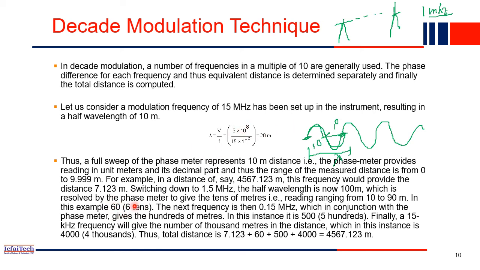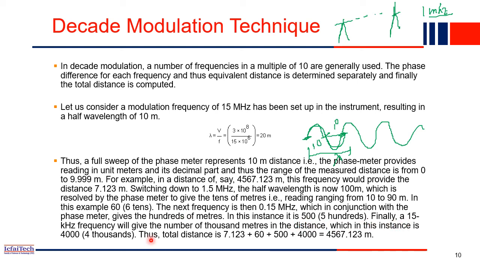Once you send 1.5 megahertz, you get the answer, 60 meter, the phase difference. Next, in the third step, you send 0.15 megahertz. See, we are reducing by 10 times: initially 15, then 1.5, then 0.15 megahertz, and then we get something like 500.